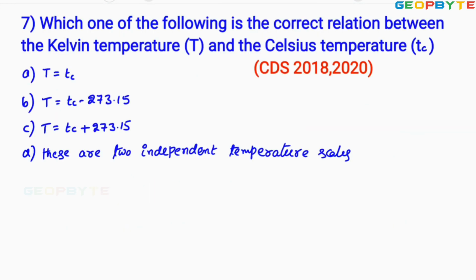Look at the seventh problem. Was asked in 2020 and 2018 for the CDS. Problem is, which one of the following is correct relation between the Kelvin temperature and Celsius temperature Tc?